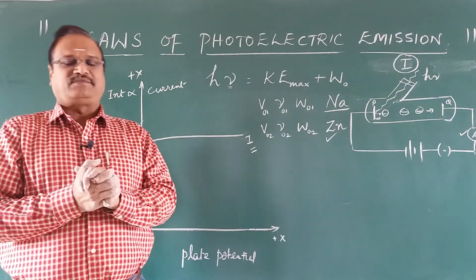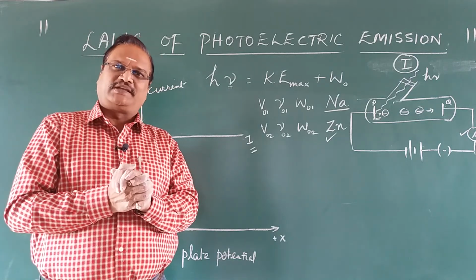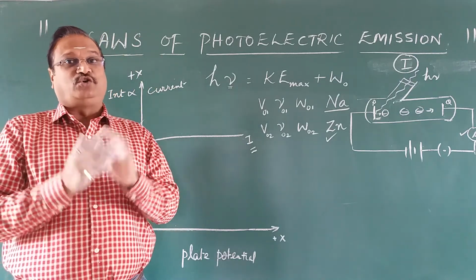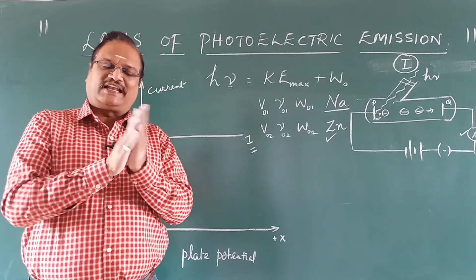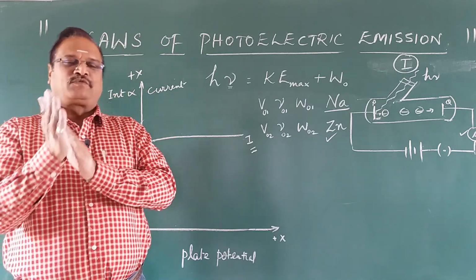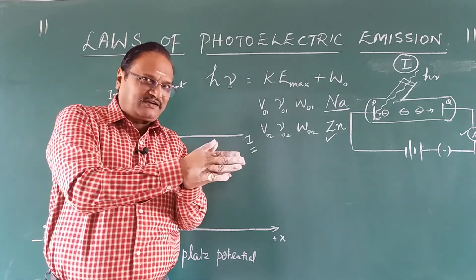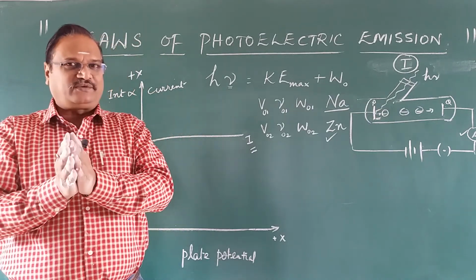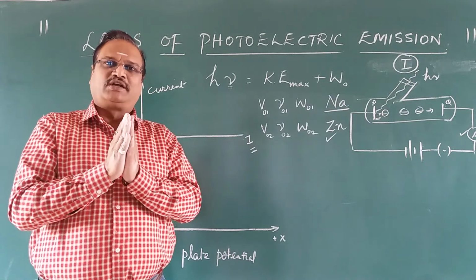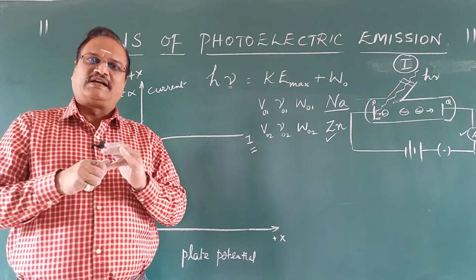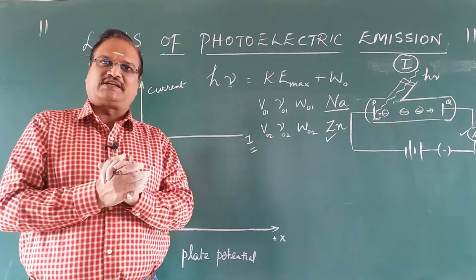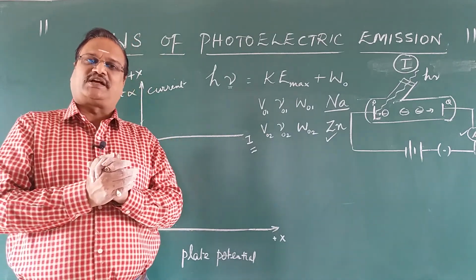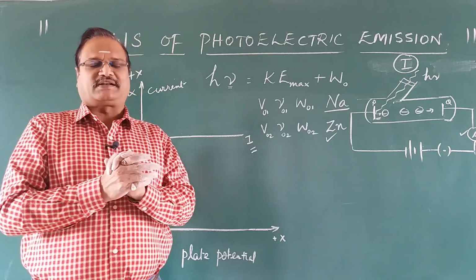Next will be de Broglie's wave equation, and we will study the dual nature, how the electron behaves as matter and as a wave. We will study this based on de Broglie's wave equation, and the proof we will study with the Davisson and Germer experiment.